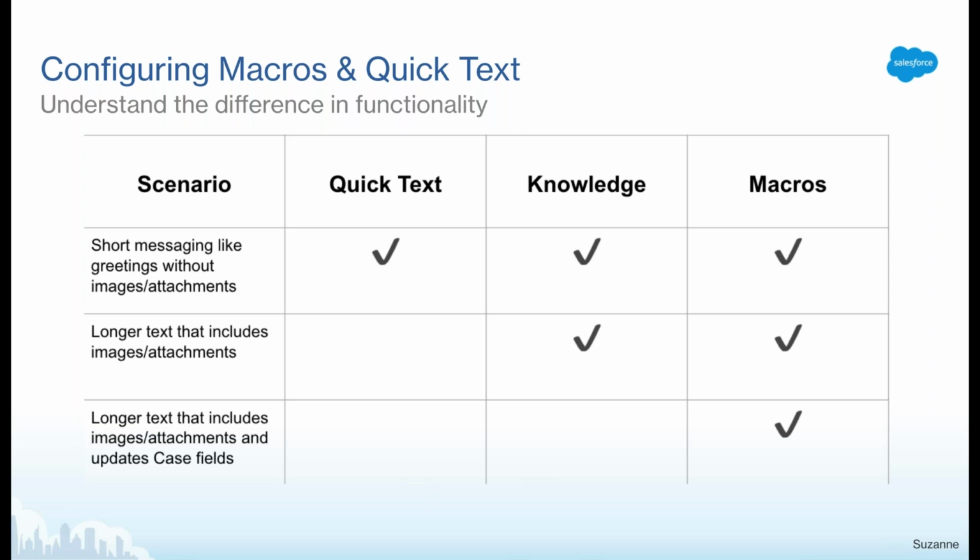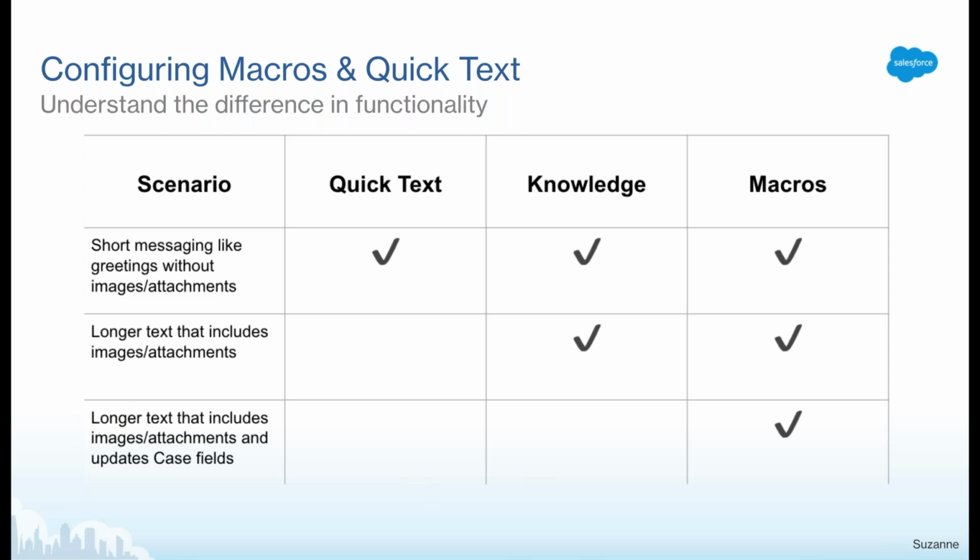So if you feel that you have more than just a few sentences to present, maybe a longer guide, a how-to guide or an FAQ, a longer instruction, and in addition to the longer text, you also want to incorporate images and attachments, then you can use knowledge articles. It allows for those additional parts that quick text cannot do. So you can include images, attachments, and have more text included. The character limit is much longer.